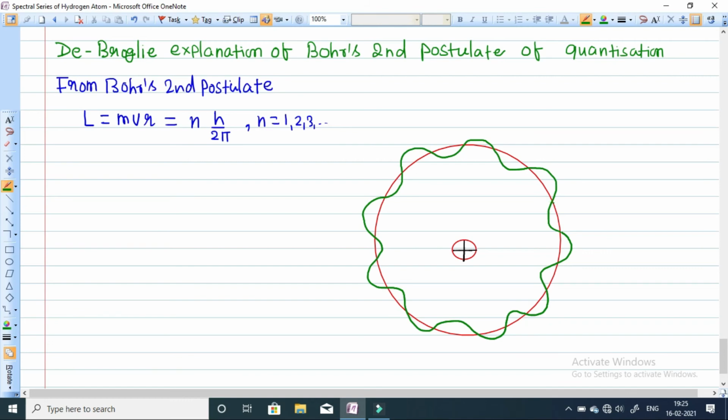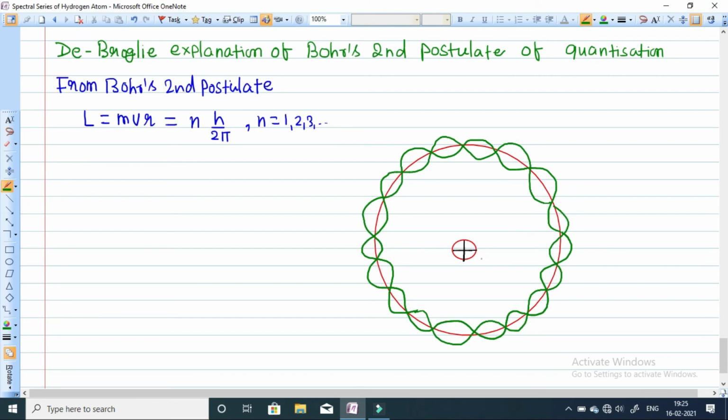Let me draw the graph. For one electron, for the other electron you can take like this also. A beautiful shape we have obtained here. You can see it there.